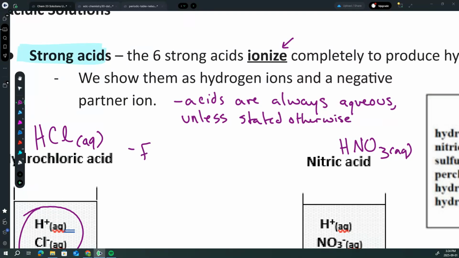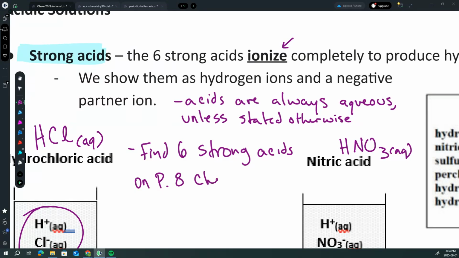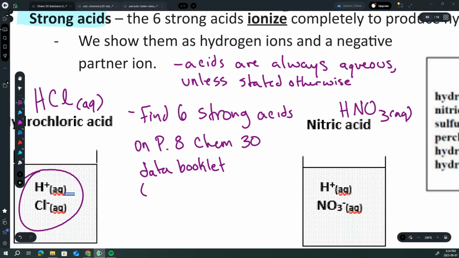And you can find the 6 strong acids on page 8 of the Chem 30 data booklet. They're above the gray hydronium line.